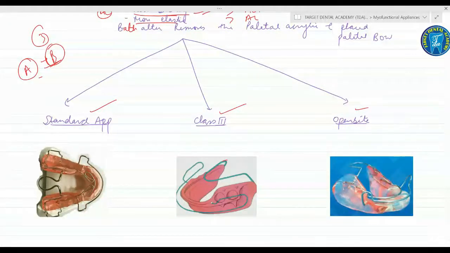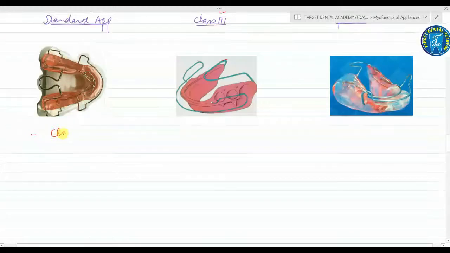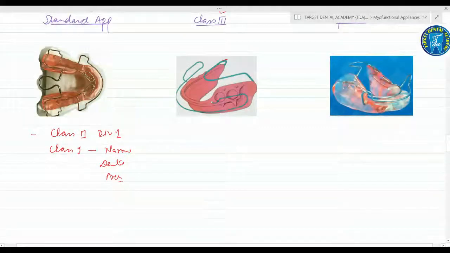So the standard appliance is used for the treatment of class 2 division 1 and in case of class 1 malocclusion having a narrow dental arch. Fine. So it has two components: a palatal arch and a vestibular component.